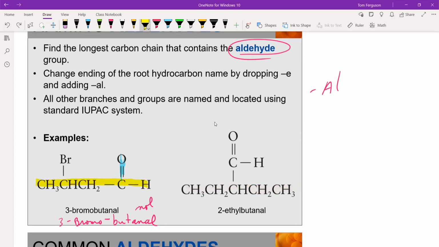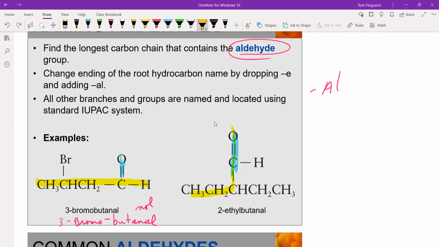This is the functional group here. So the backbone has to contain the functional group. So it's either this way or this way. These are the same.